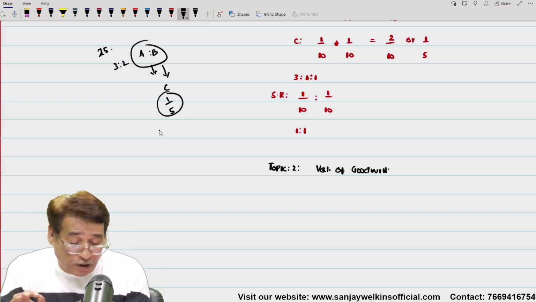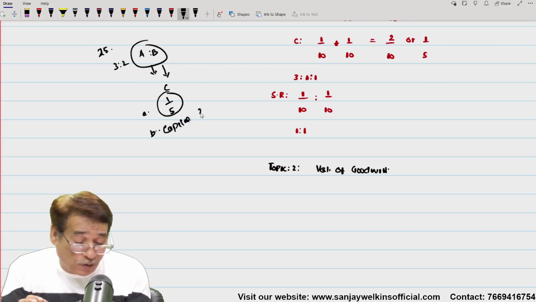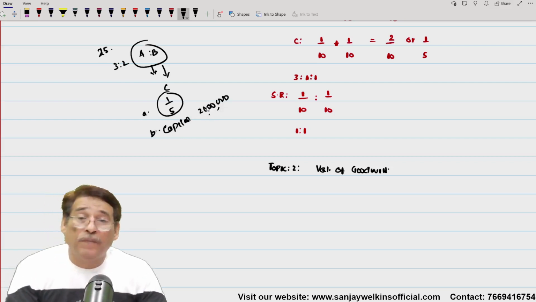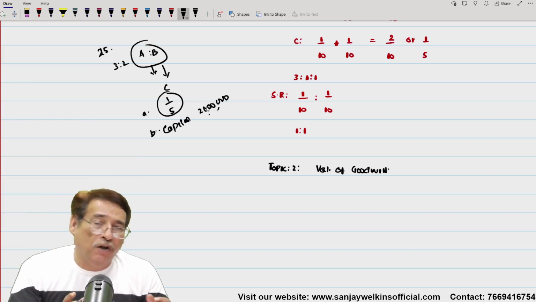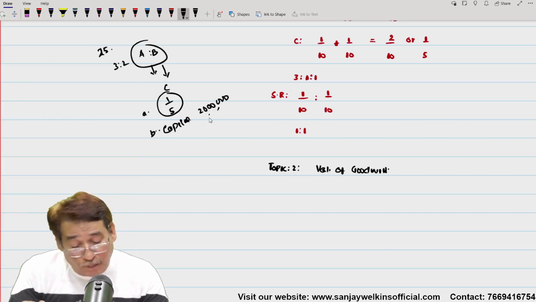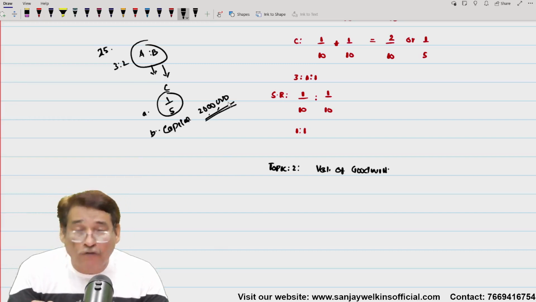And second point is that you will have to bring, let us say, 20 lakhs as amount of capital. You will be given 1/5 share of profits, but in order to join our firm, you will have to bring 20 lakh worth of capital.